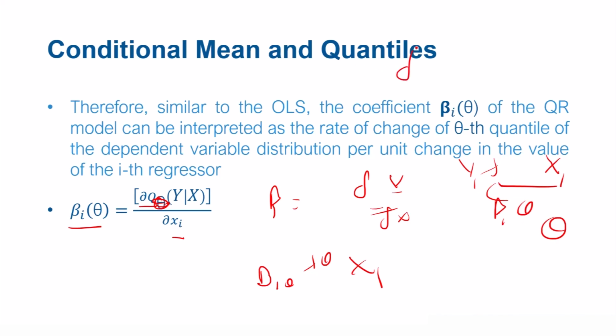So you would say that the partial differential of y1 in a given specific quantile theta with respect to x1 is beta 1 theta. So beta 1 theta is the change in variable y per unit change in the regressor xi captured by beta i theta. So it remains that rate of change interpretation.